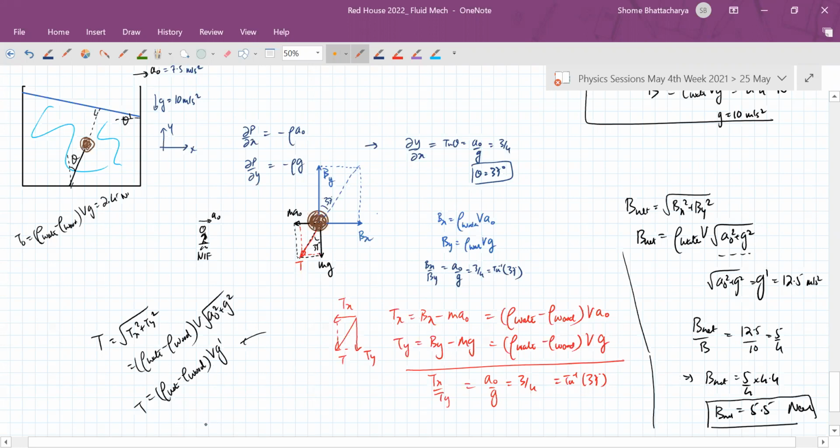Okay. So T upon T naught is again G prime upon G. Three newtons exactly.